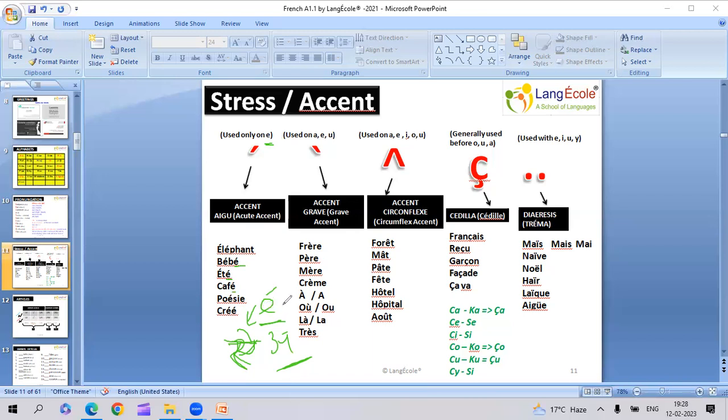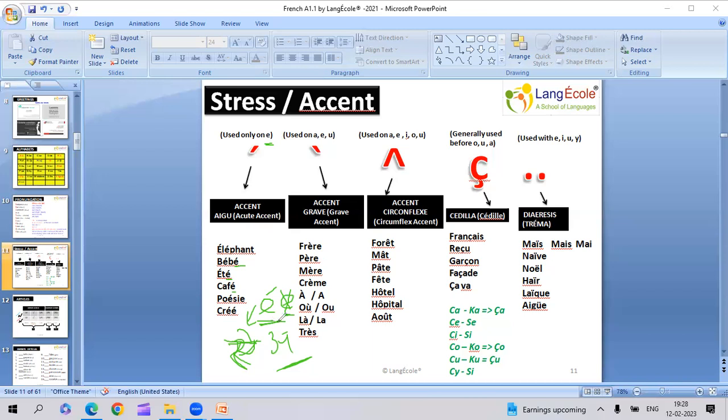Many times you will find that after this é, there is an e again at the end. So most of the time this is put to make the word feminine, from masculine to feminine. Or this will be denoting that it is a feminine word. If it is ending with only the e accent, it is not a feminine word. It will be a masculine word.